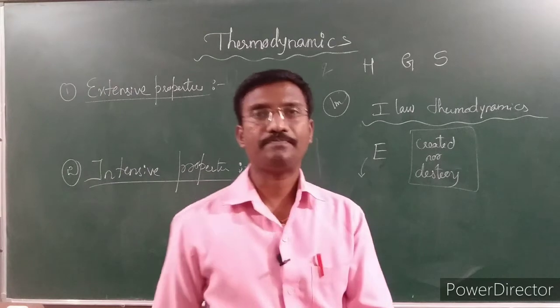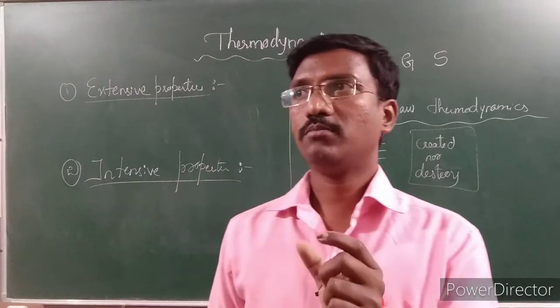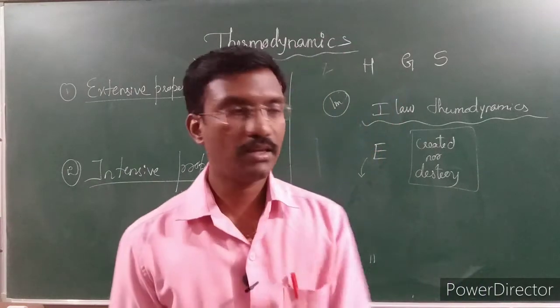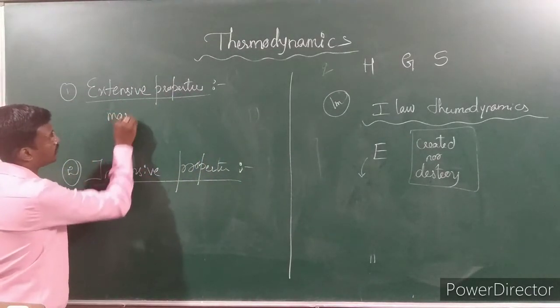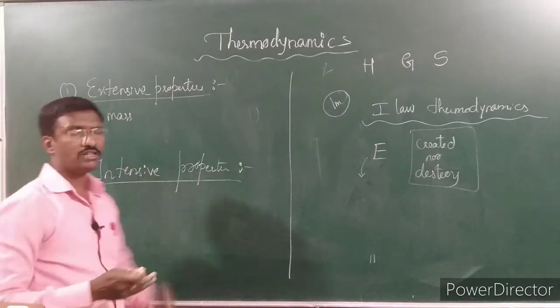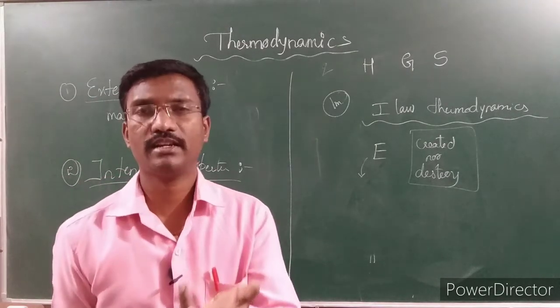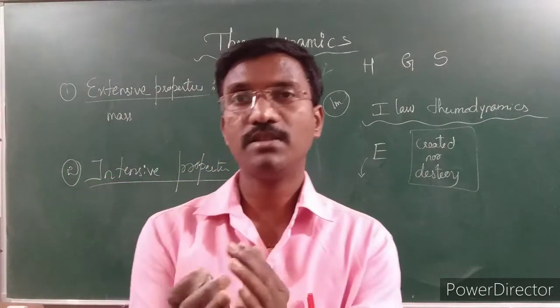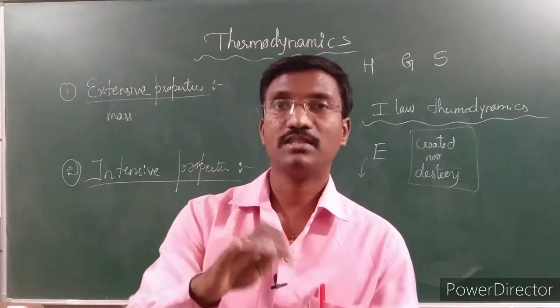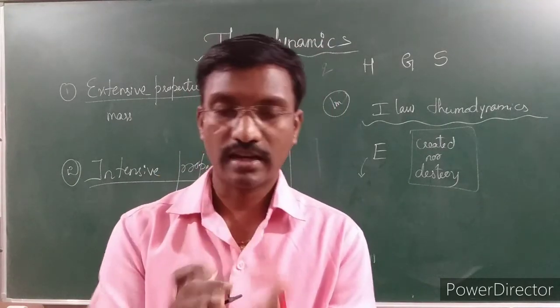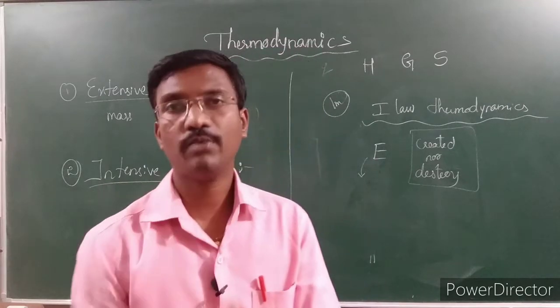For example, if I wish to calculate the mass in the form of kg, if the mass is more, the mass will be greater. If the quantity of matter is less, the mass will be less. It means to calculate the mass, the matter is considered. Greater the matter, greater will be the mass.